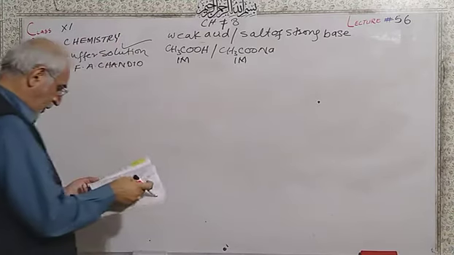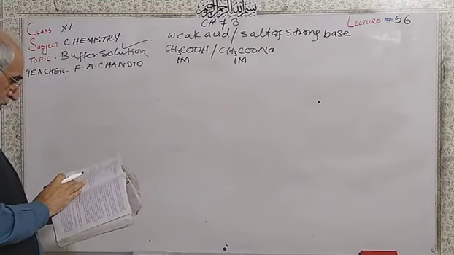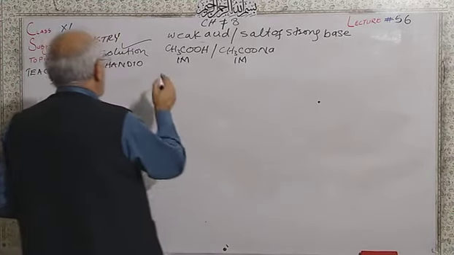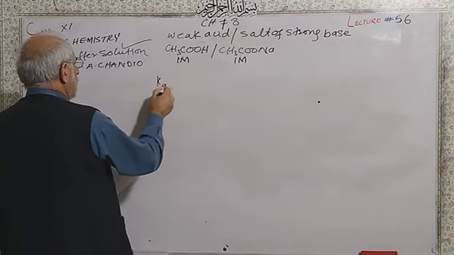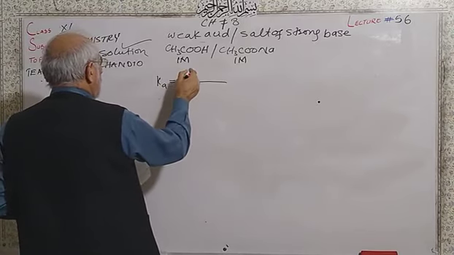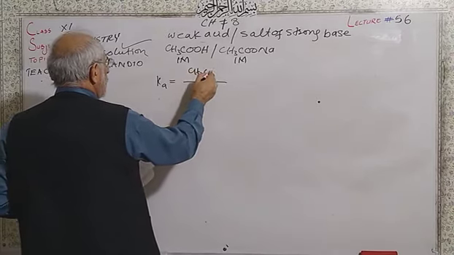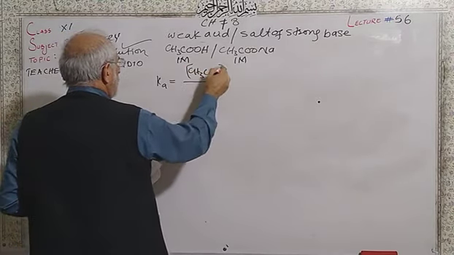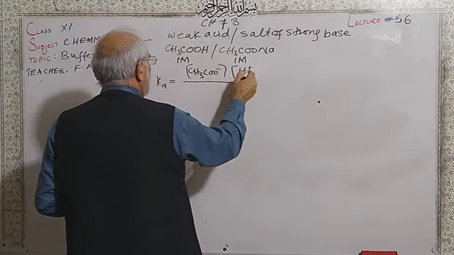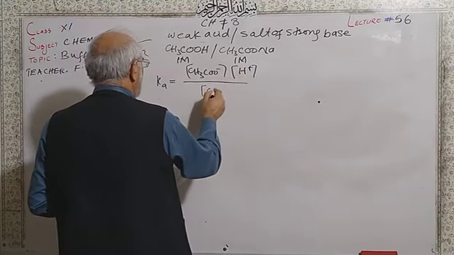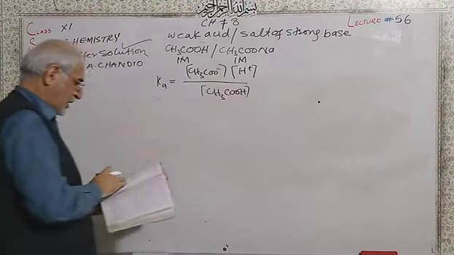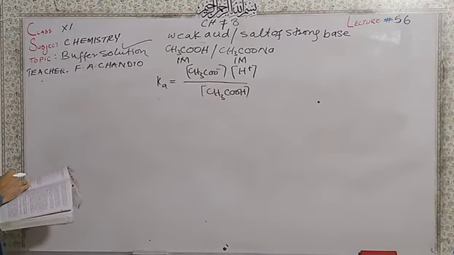You have to use the formula: Ka, the ionization constant for the acid, is the concentration of the acetate, if you dissolve in water according to the law of mass action, times the concentration of hydrogen ion, divided by the concentration of acetic acid.